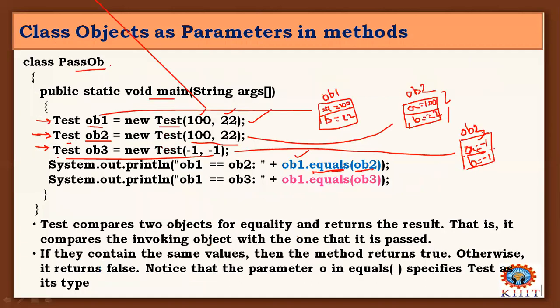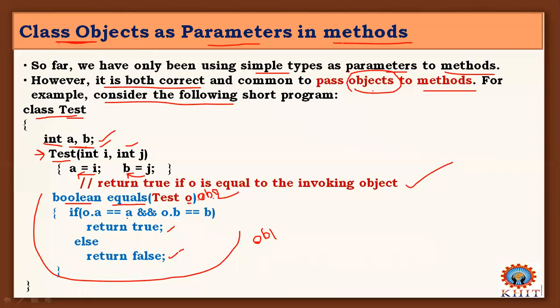So ob1 already has its A and B values. Here this a belongs to ob1, this b belongs to ob1, and o dot a and o dot b are the instance variables belonging to ob2. We compare these values of ob1 and ob2, and if both are equal, it returns true, otherwise it returns false.